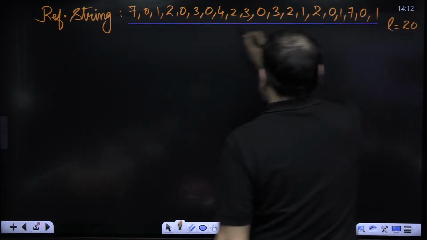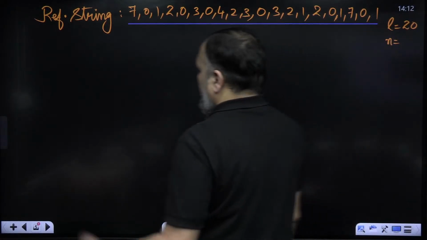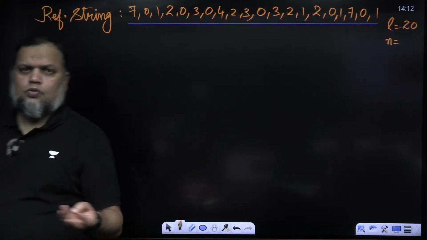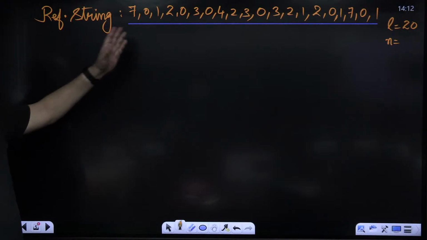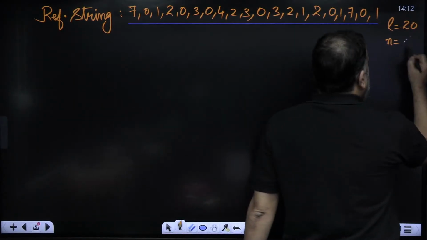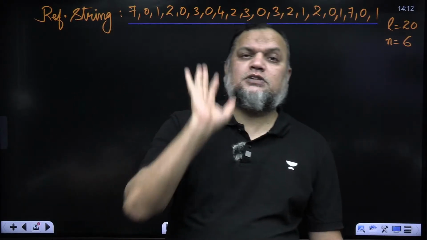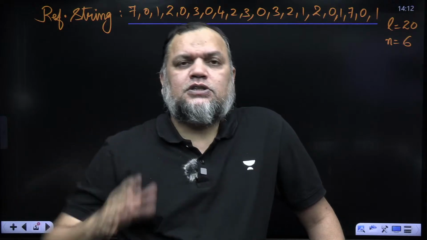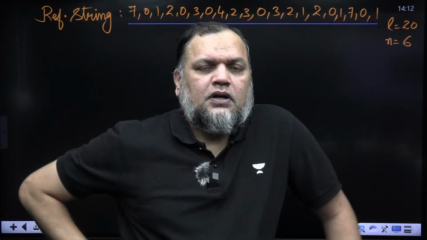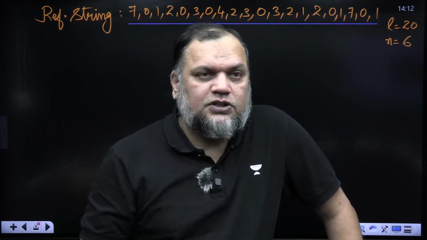There are 20 references. Number of unique pages. How many unique pages are there? 0, 1, 2, 3, 4 and 7. So therefore there are 6 pages. इसका मतलब ये है कि this process is defined in terms of 6 pages. तो मतलब ये हुआ कि this process is stored on disk in the form of 6 pages.